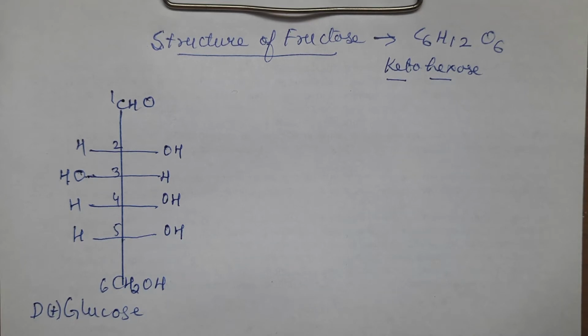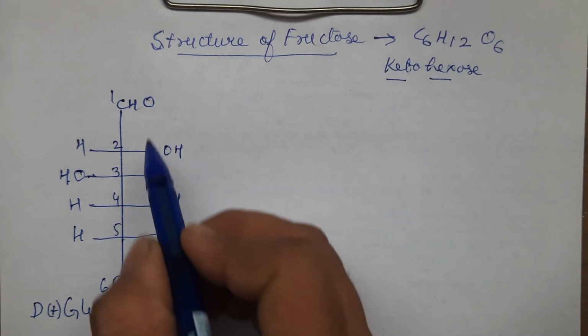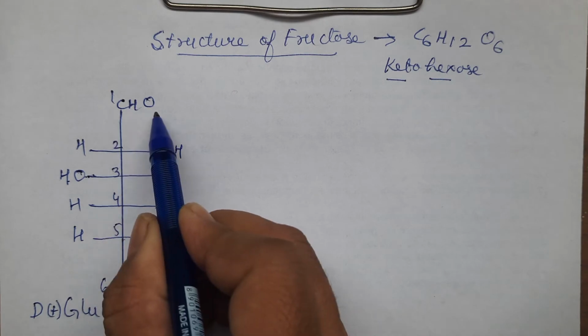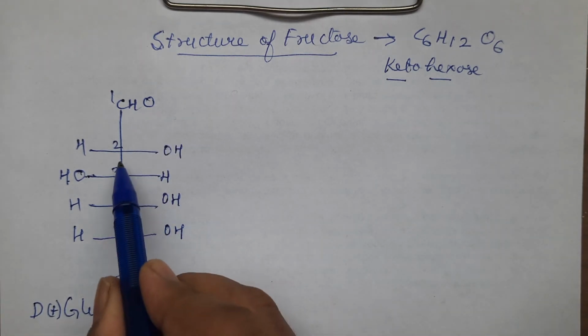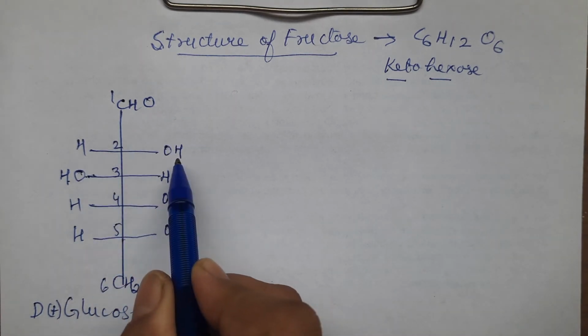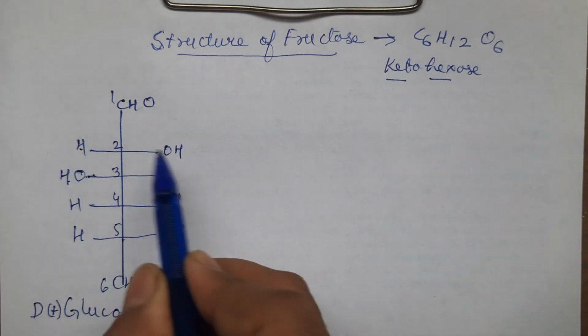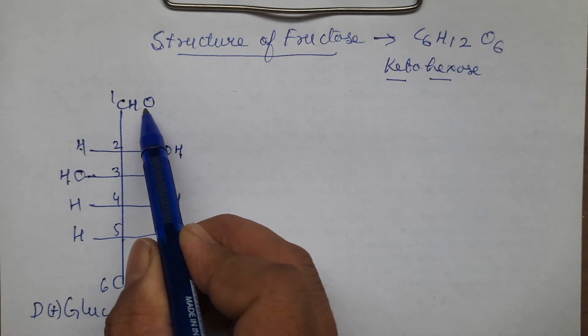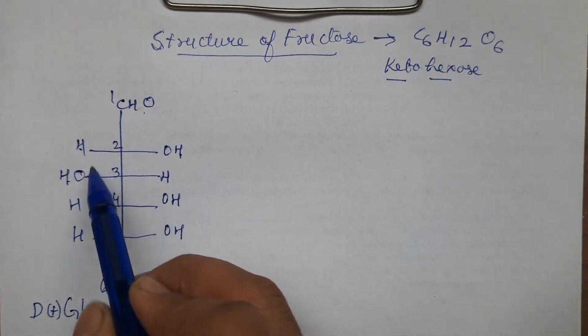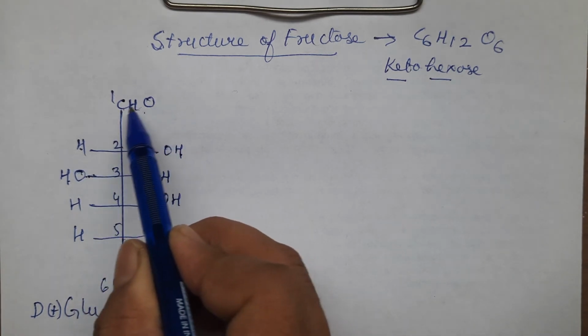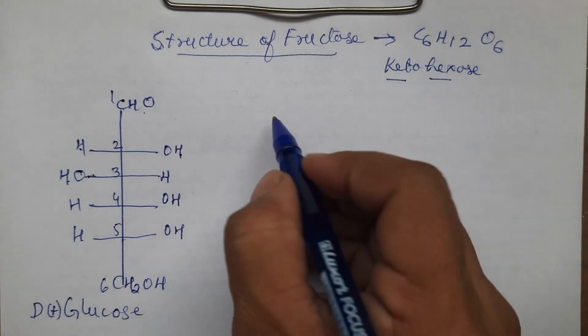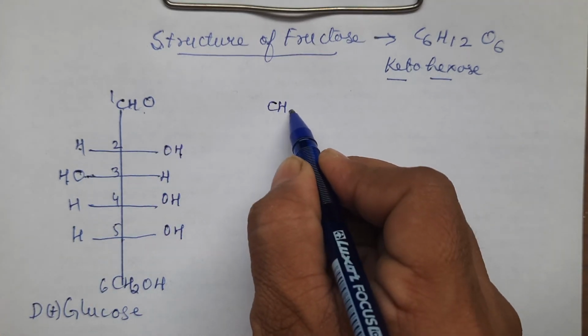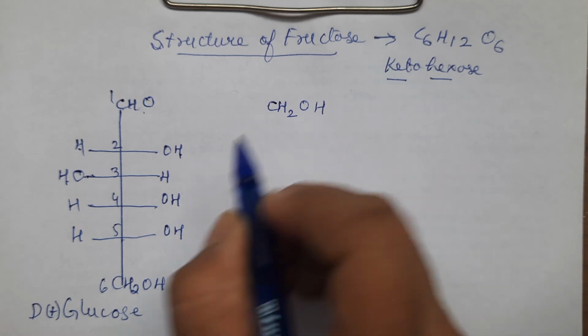Now what changes, children, are we making exactly? The first carbon atom has an aldehyde, CHO, and the second carbon atom has CHOH. What you do is, both these hydrogens on the second carbon atom, you take onto the first carbon atom. So now if I take both the hydrogens there, it becomes CH2OH, right?